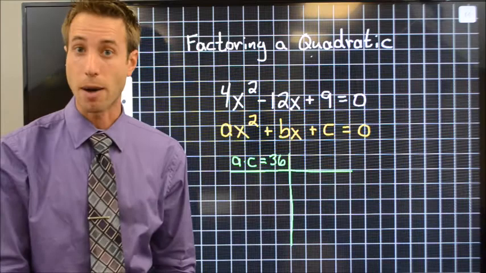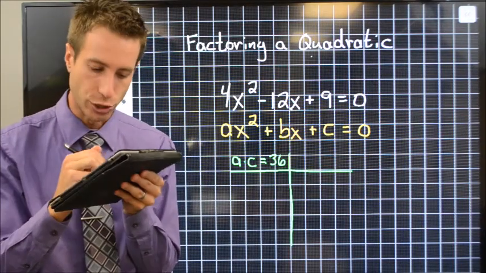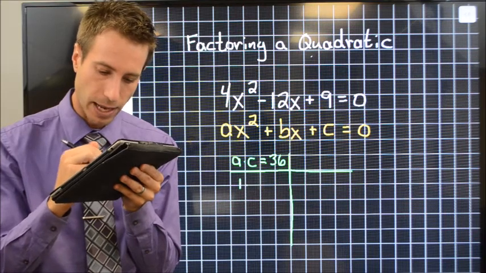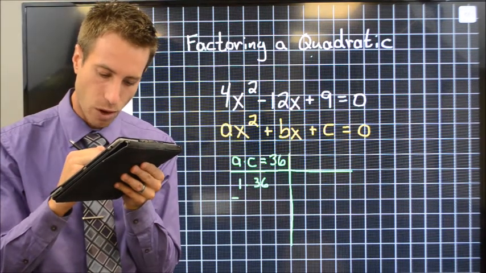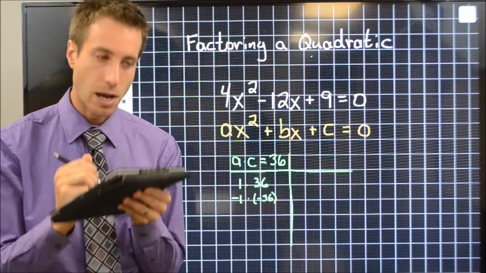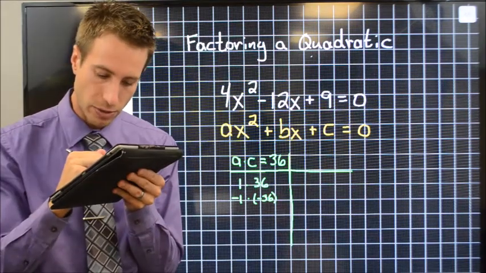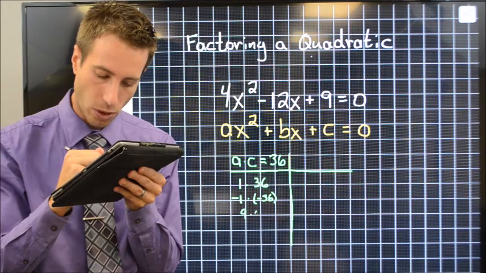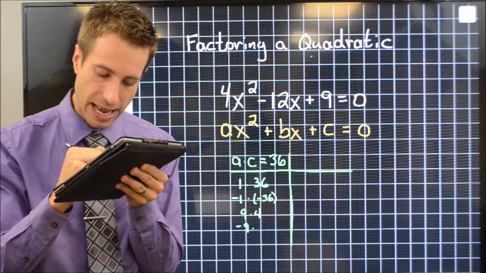Well, there are a lot of options. Let's go ahead and get them. I could do 1 times 36. I could do a negative 1 times a negative 36. Let's see, I could do 9 times 4, or a negative 9 times a negative 4.